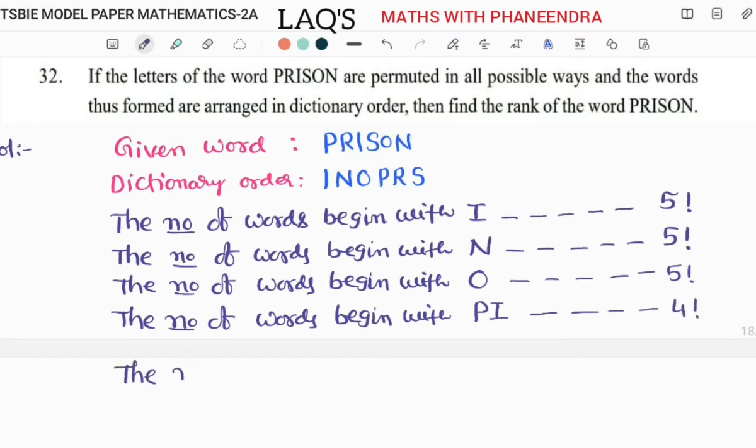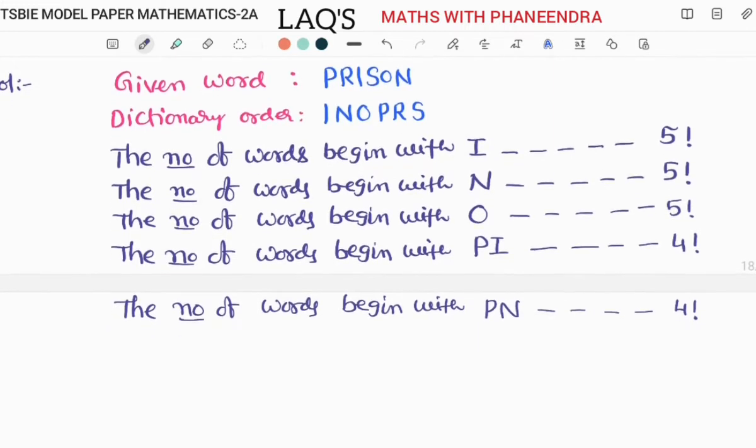Next, the number of words that begin with PN. Again, it is 4 factorial ways. Other than PN, the remaining I, O and S can be arranged in 4 factorial ways.